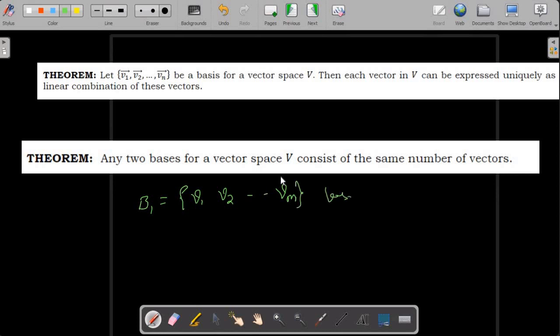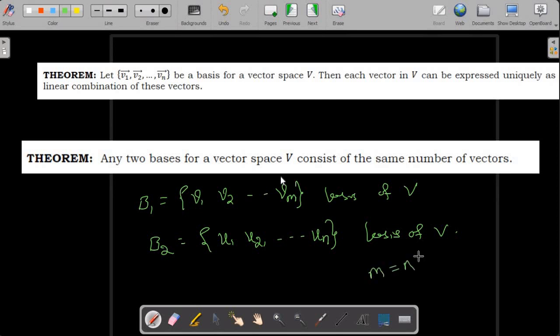Assume that this is a basis of V. Similarly, you start with another basis set, u1, u2, and so on un, and you assume that this is another basis of V. Our aim is to prove that m is equal to n. If we can prove m equal to n, then we are done.